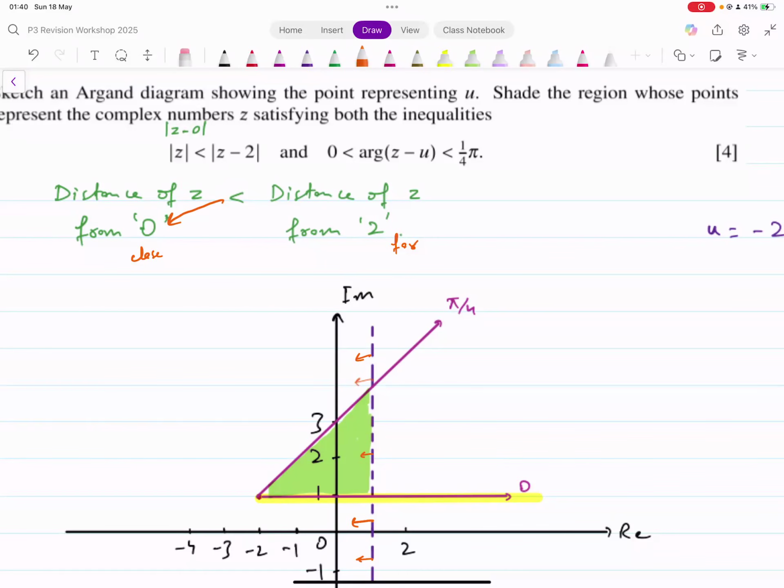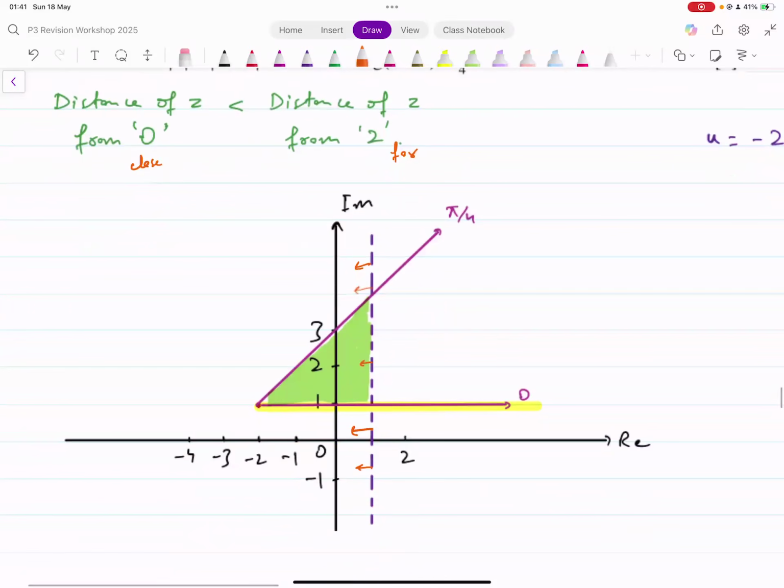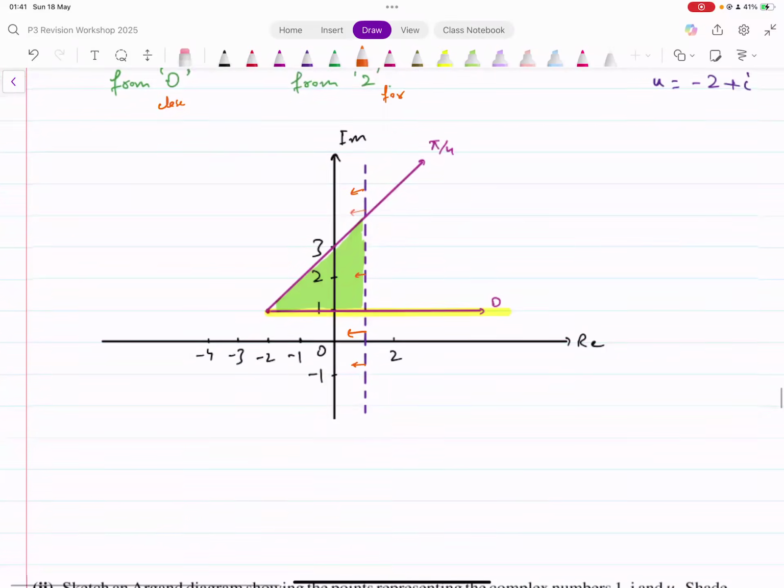So you will shade the side that has 0. Okay. So that's not logical, that's just a way to remember. I told you the logic behind that, as in it has to be close to 0. But if you just want to not think much, you can say whichever point the inequality is pointing towards, you will shade that side, right? So it's pointing towards 0. So whichever side 0 is on, that will be the side that you shade. Okay. All right, let's move on.